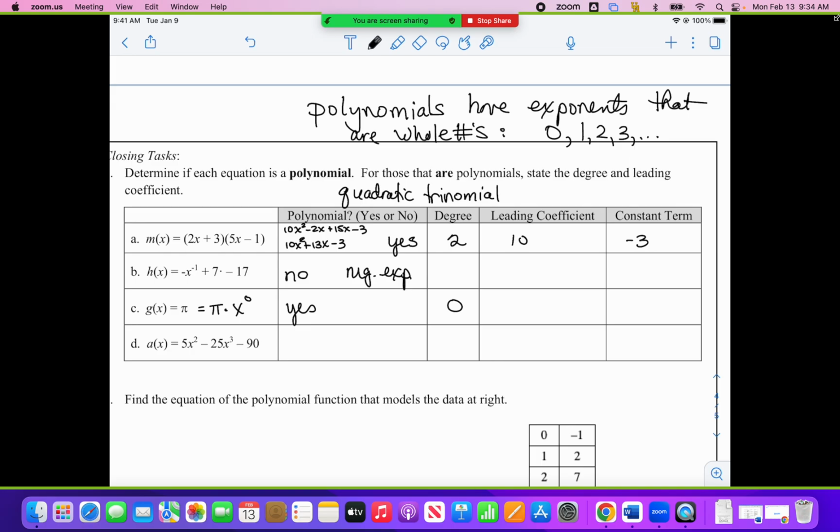Pi is a number. 3.14, yes, it's irrational, but it's still a constant. So the degree is 0. Now this one's tricky. What's the leading coefficient? It's not 1. It's pi, okay, because this is the weird case that the constant is the leading coefficient. Okay, that's the exception.